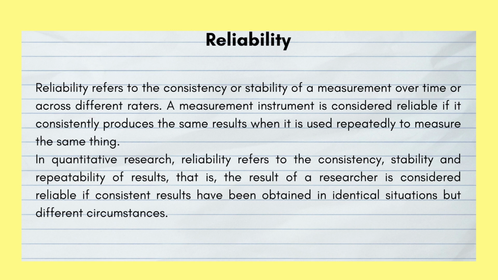In quantitative research, reliability refers to the consistency, stability, and repeatability of results. That is, the result of a researcher is considered reliable if consistent results have been obtained in an identical situation but different circumstances.